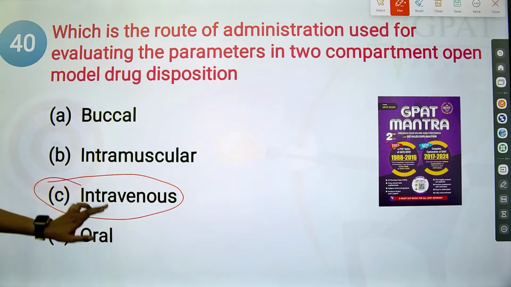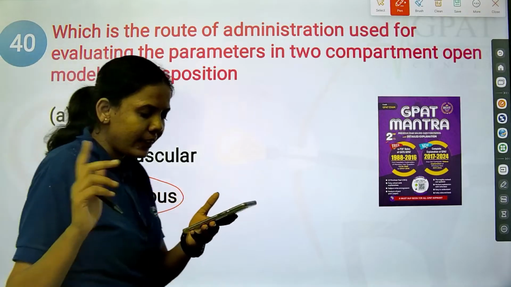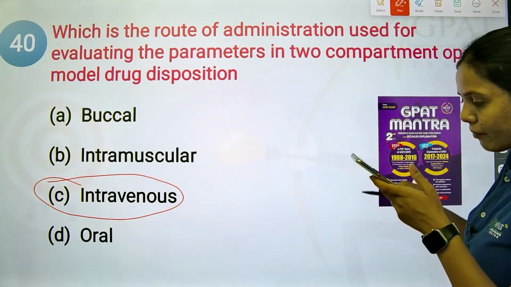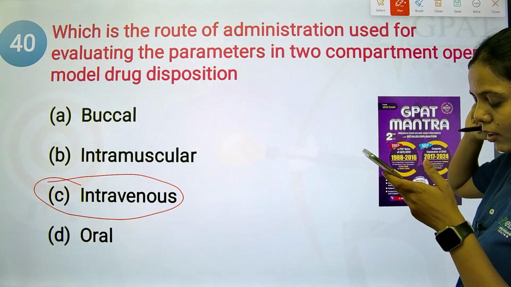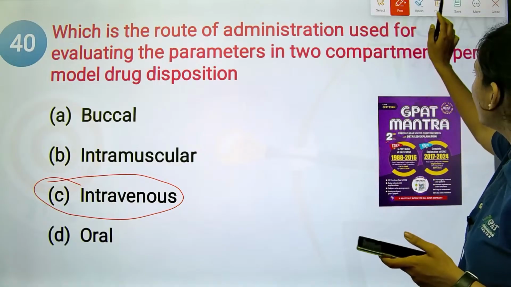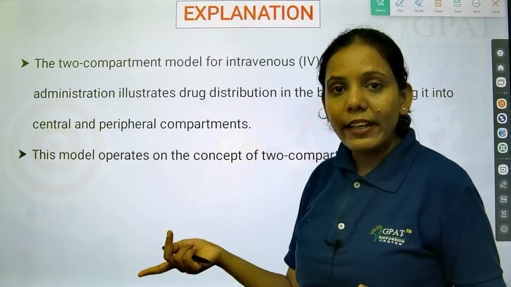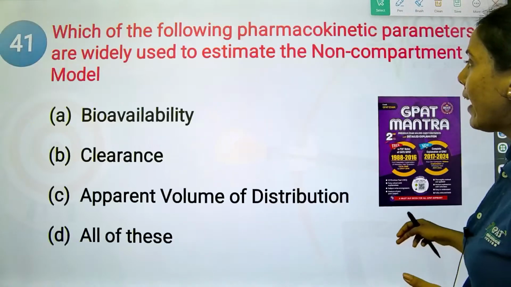Remember, the two compartments are nothing but intravenous. Those who answered A, C, I think there is a variation. I hope you understand what the right answer should be. Very good. So intravenous, because there is a central and peripheral compartment, that is IV bolus.